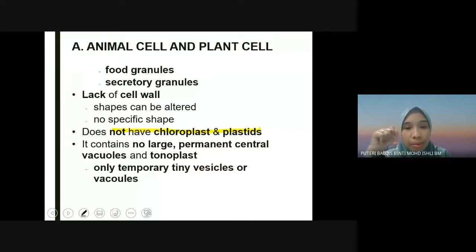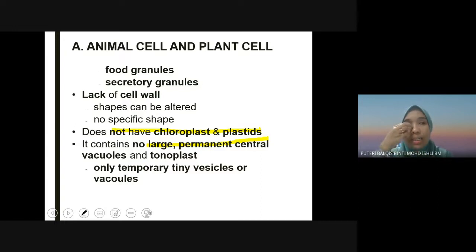Animal cell dia ada vacuole, tapi vacuole dia, it's not large or permanent central vacuole and tonoplast. Only temporary tiny vesicles or vacuole.